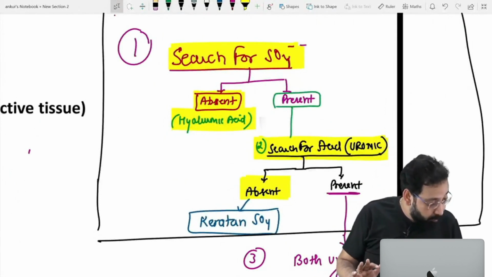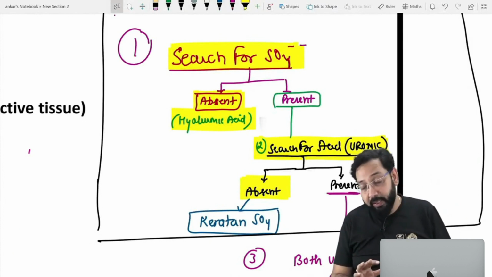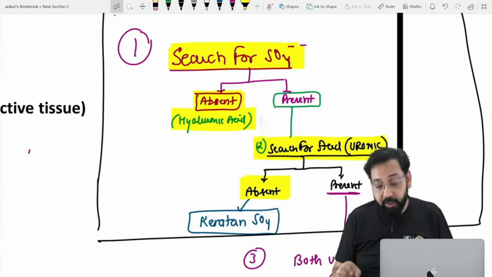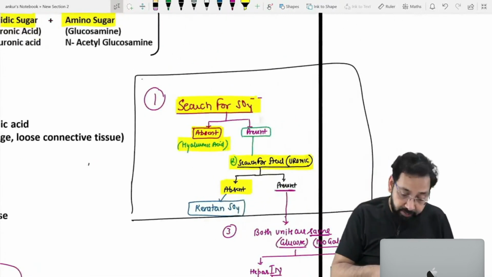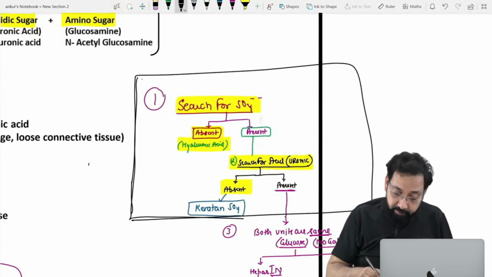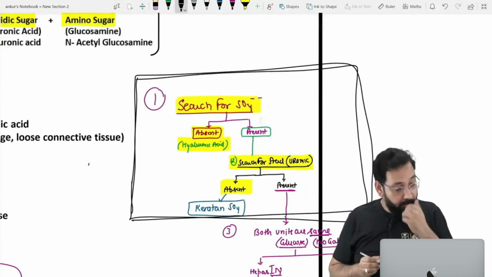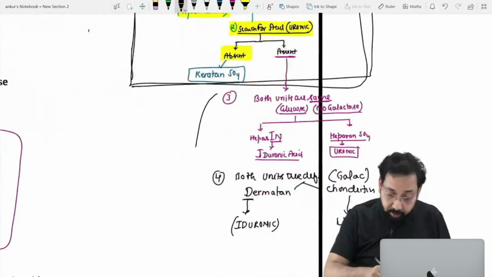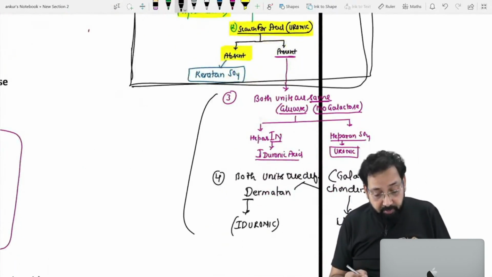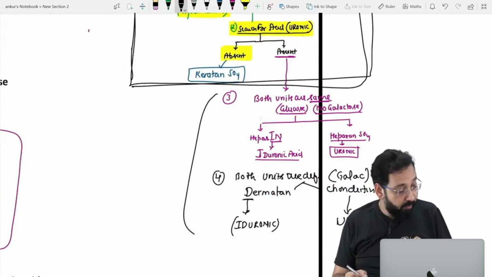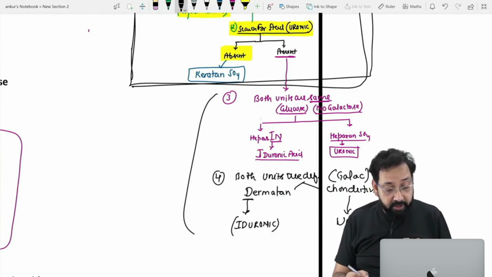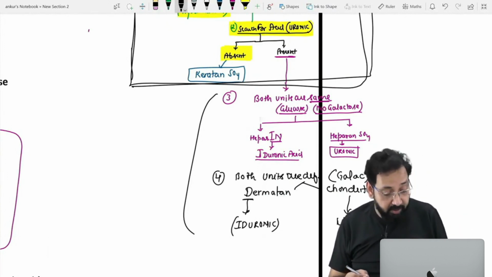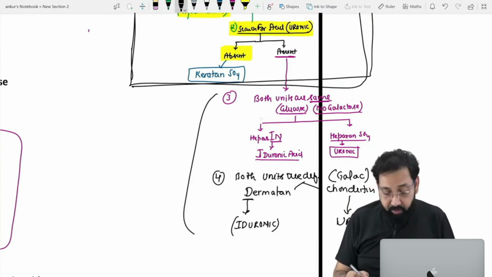So in the last moment when you are revising and you find that time is short, trust me, these two would be sufficient. This is not absolute, because many times in heparin or heparan sulfate, glucuronic acid in place of iduronic acid may be there in 30% of cases. So no need.